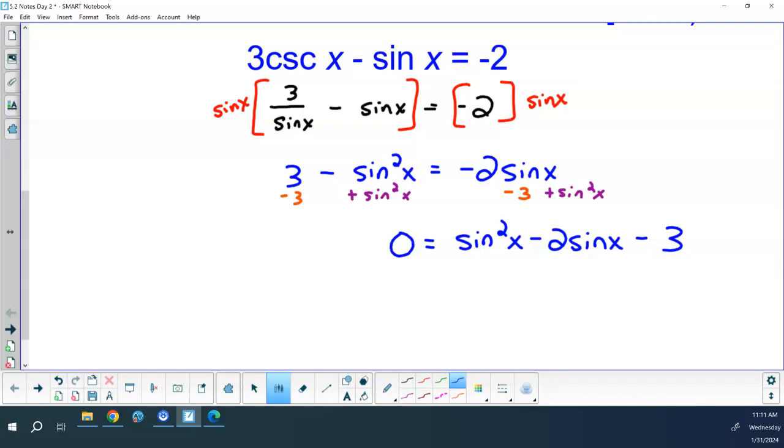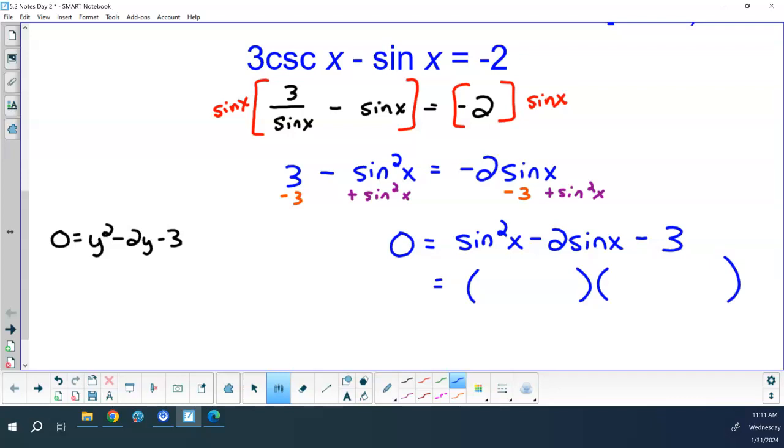In my brain, I'm thinking of this as 0 equals y squared minus 2y minus 3. If that were my case and I were in algebra, I would factor. I would use the 2 parentheses factoring method. Okay? So let's do that.